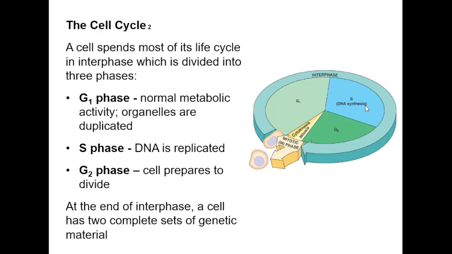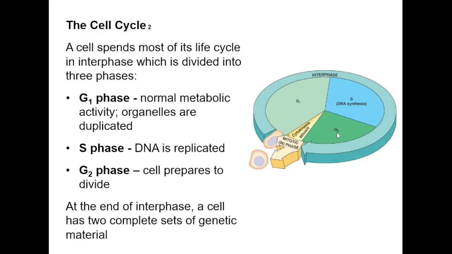In S phase, from the word synthesis, the DNA is already being replicated. And remember, we discussed DNA replication earlier. So the S phase centers on the events in the nucleus: the opening of the DNA strand, the production of two single strands, and then the creation of the new complementary strand in order to have two DNA sets.